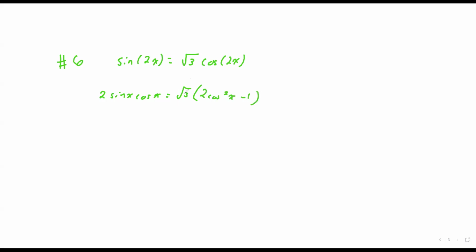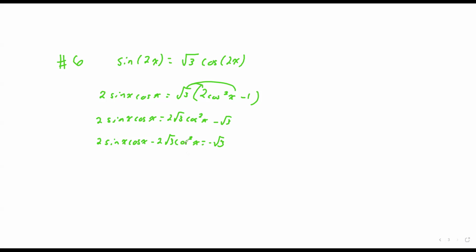We'll see where that takes us. All right. So with that, I get 2 sine x cosine x. Distribute this out. So I get 2 square root of 3 cosine squared x minus square root of 3. Let's get all of our trig functions on one side. So this would be 2 sine x cosine x minus 2 square root of 3 cosine squared x equals negative square root of 3.